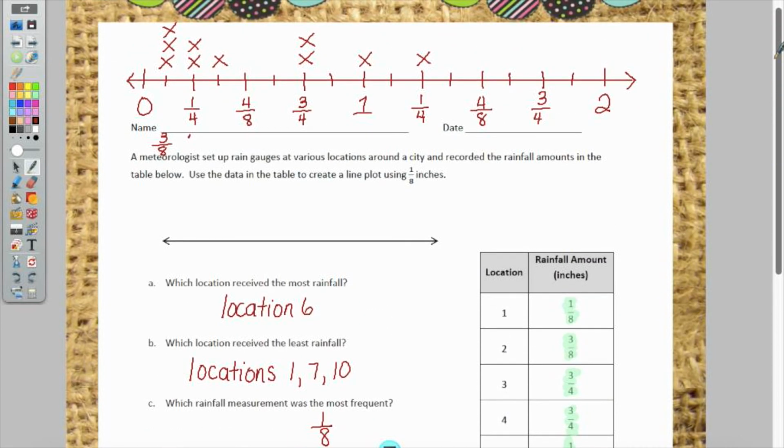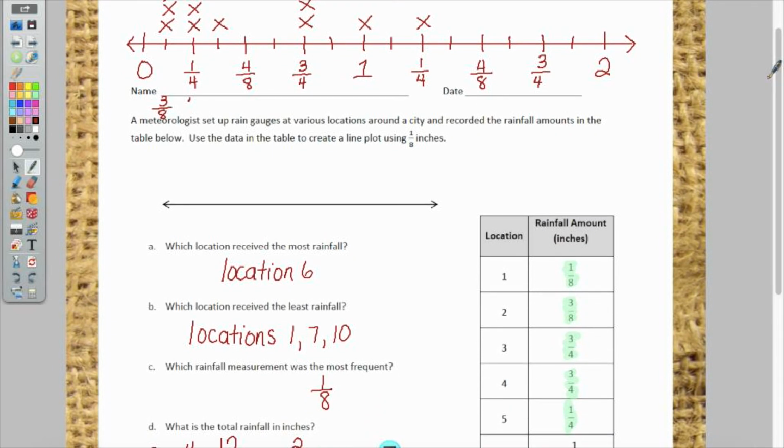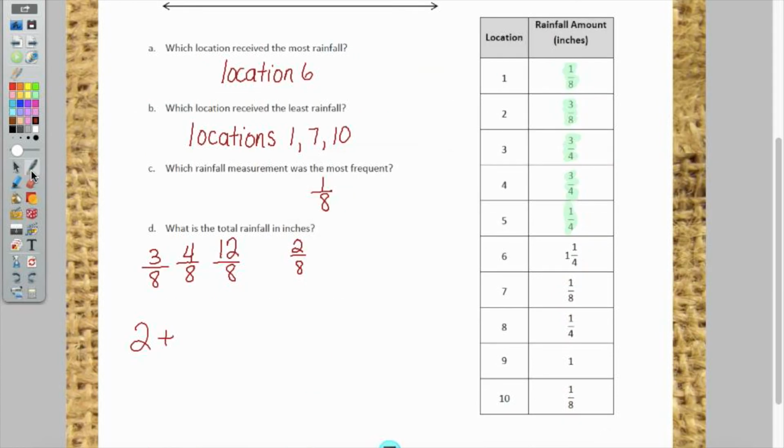Oh, what did I forget? We forgot it because we had 3/8, 4/8, and then there should be a 3/8 right here. So I'm going to put it over here, and we're going to try again. That's a pretty common mistake.